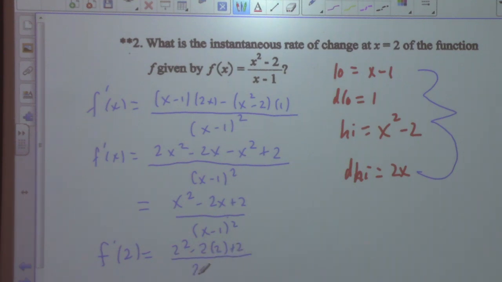So it looks like here I'm getting 2 over 1. So is that 2? Is that what you got for that one? 2 squared minus 2 times 2 plus 2. Does that look right?